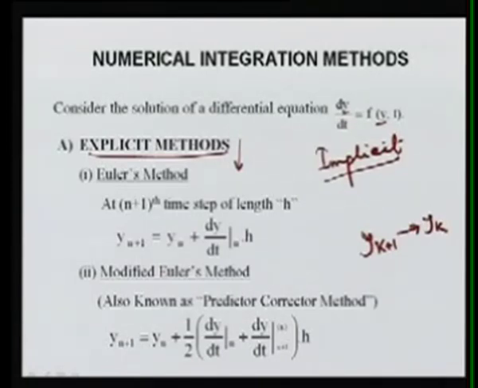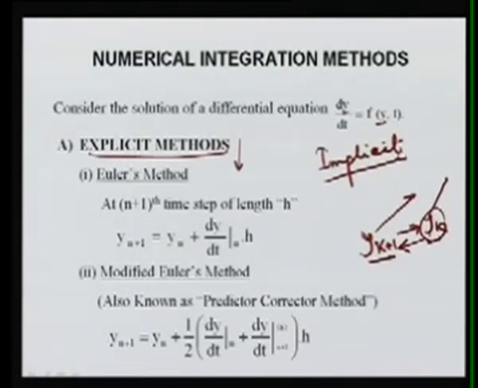Knowing yk, we can interpolate that value to get the next step. However, in the explicit methods, we use this value to get yk plus 1. So this is the difference, and the example of an implicit method is the trapezoidal rule of integration, where linear interpolation is used.